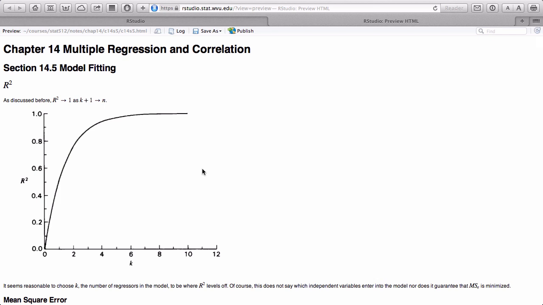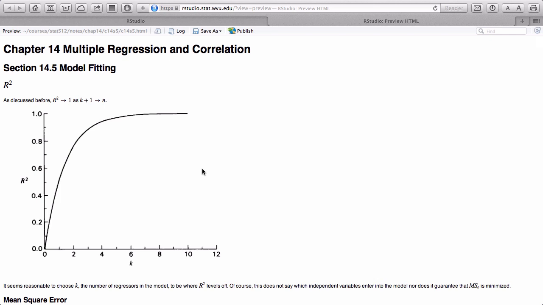So you may think you have a good fit if you've got a small n problem and a number of predictors. But in fact, that may not be the case at all. It may just be the fact that you overfit. So this is what happens to R squared as k plus 1 approaches n.